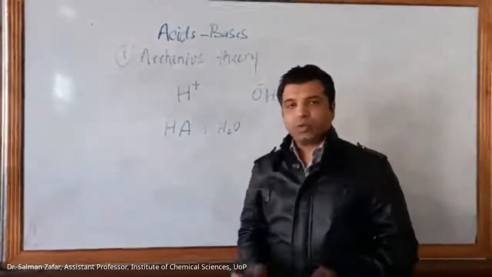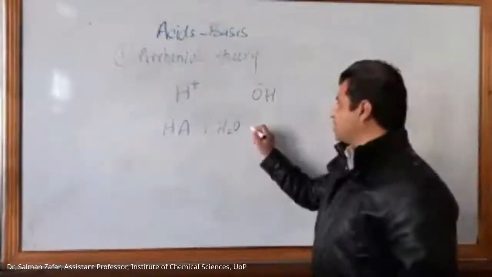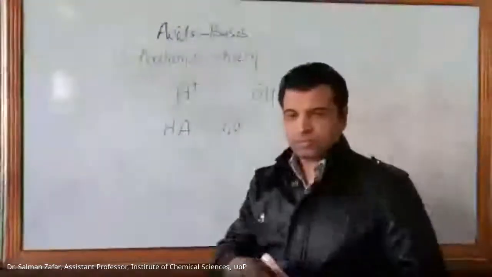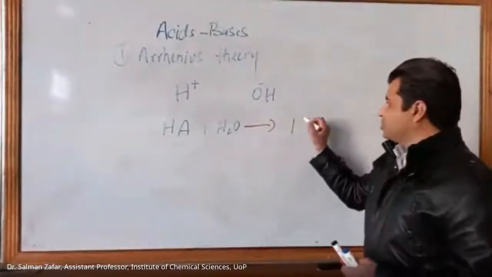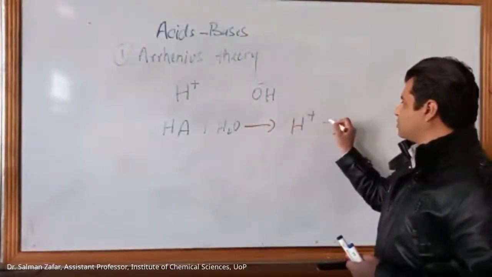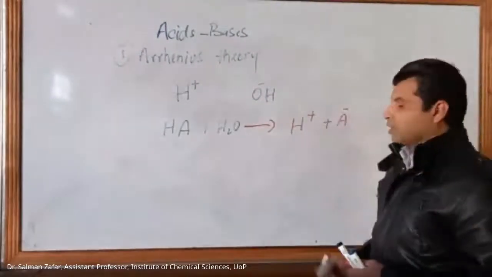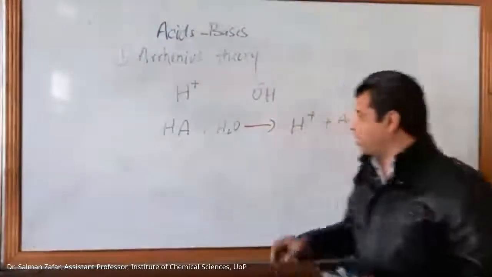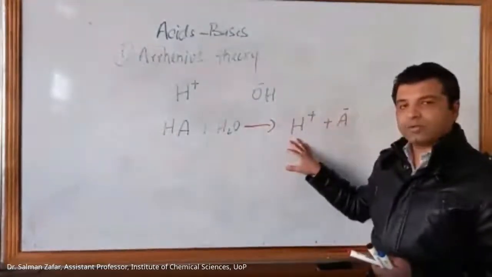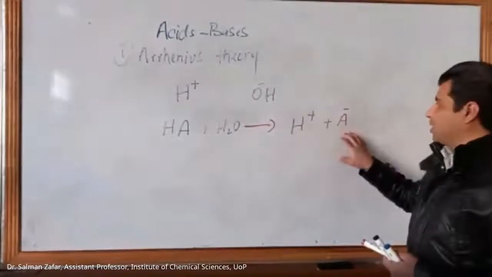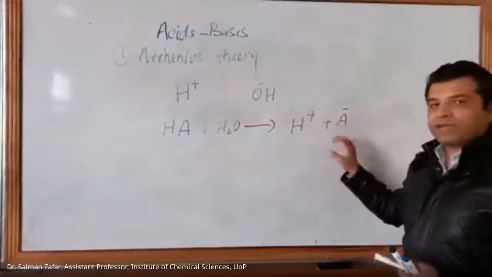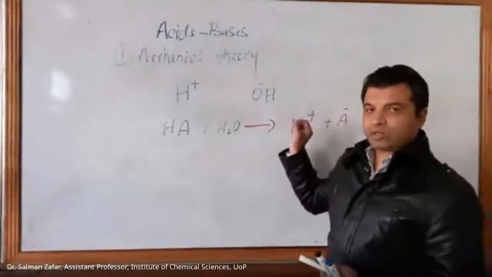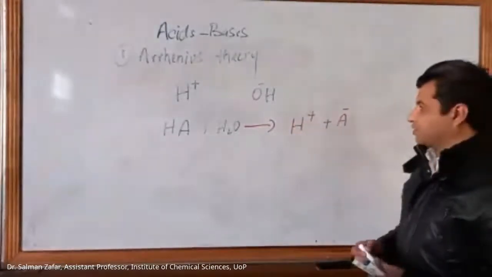When you add it to water, it dissociates into ions. Now you can see that we have a hydrogen ion produced as a result, a cation, and we have an anion, A minus, produced as a result.